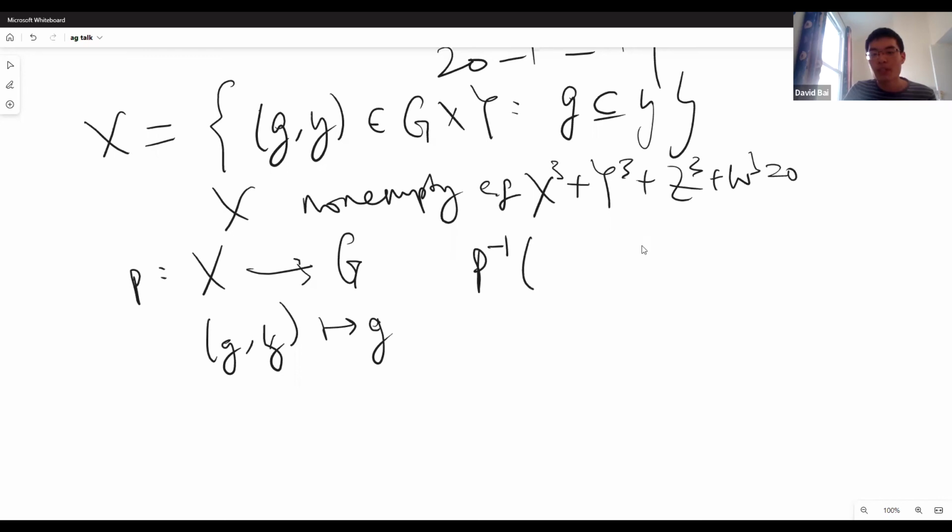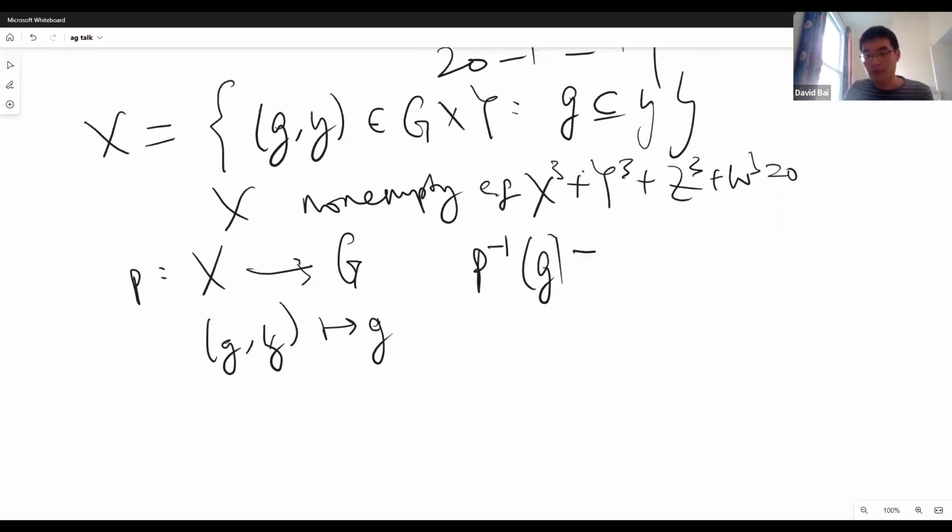So P inverse G is a set of cubic forms that does not vanish on the line of my choosing. Now, if my line is x equals y equals 0, then maybe I'll choose z equals w equals 0. Then what I'm excluding are x cubed, x squared y, x y squared, and y cubed.